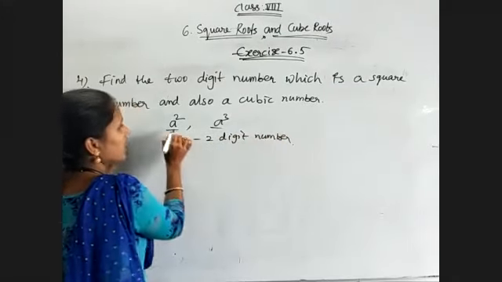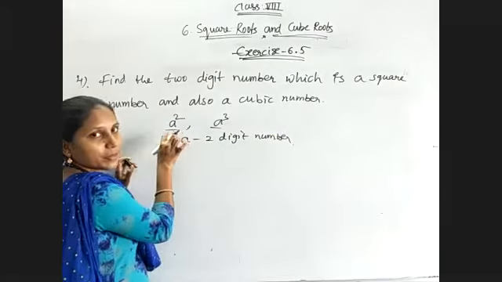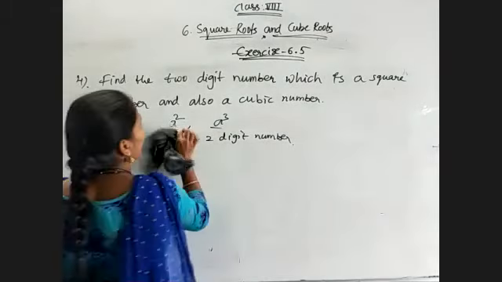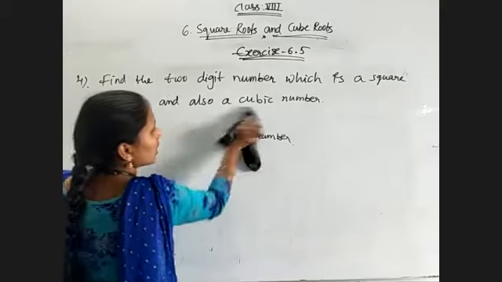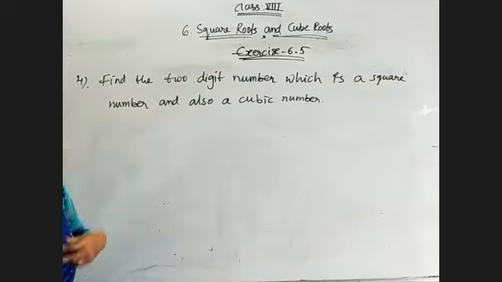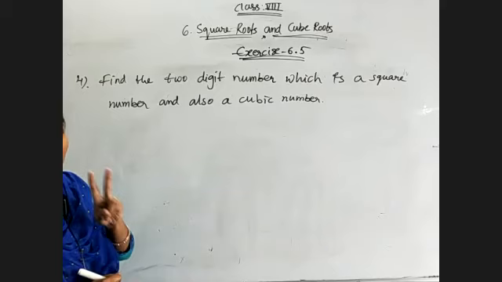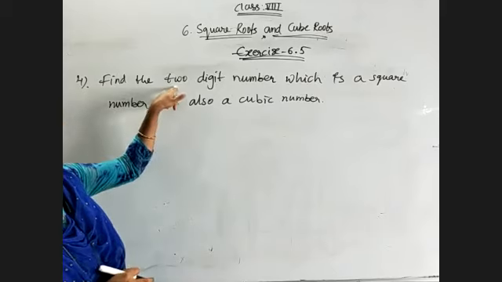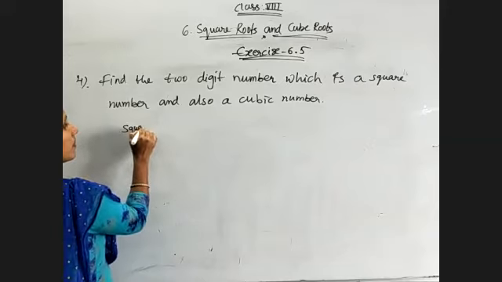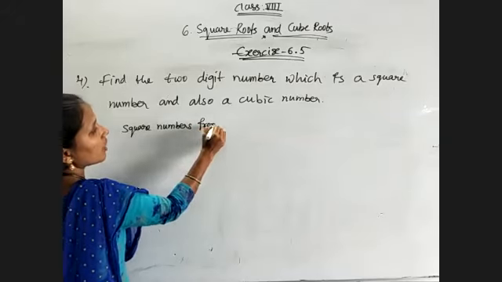So a is such a number. It is a cube of some number and the square of some number. We will see. First of all, we know the square values from 1 to 10. Why 1 to 10? Because from single digit numbers only we will get 2 digits. Okay, just write the square numbers from 1 to 9.